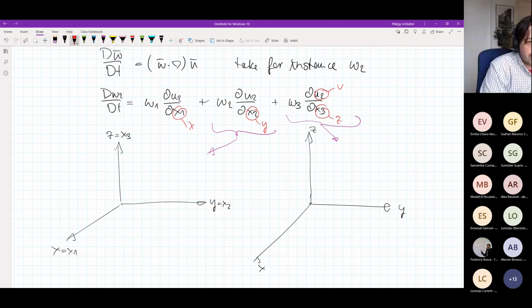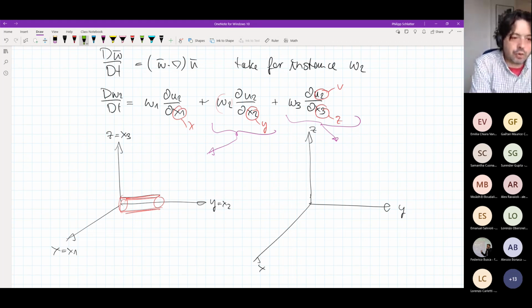If I illustrate it here as a sausage, this would be a vorticity omega 2 that I may have in my flow domain. So this is the omega 2 that I have here. And now this one would be changed by the action of du2 dx2.